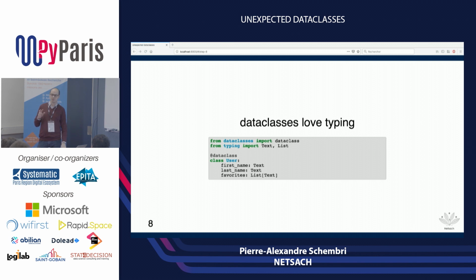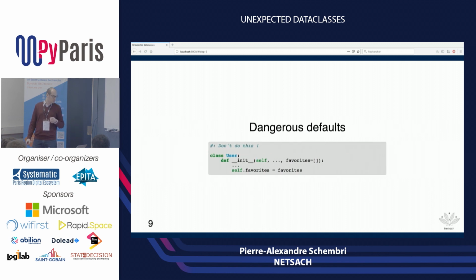So now let's talk about defaults and how to set default values. When you create a Python class and you write the initialization code, a default value is often set like this. So this innocent-looking code will become your worst nightmare. And don't do this. The fact that I want to talk about that is because the init code, the statement def init, self.favorites equals square brackets, will be executed at import time and not at runtime.